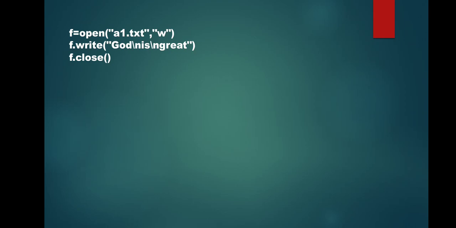The first line contains God, the second line contains is, and the third line contains great. I have provided \n to indicate the end of line. But when the system is going to store it, it will replace \n with a combination of \r and \n.